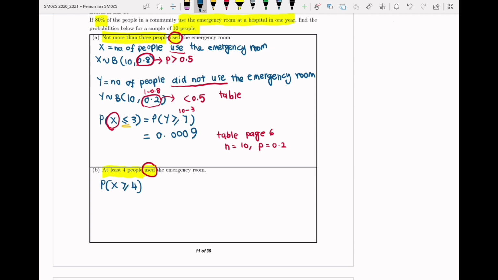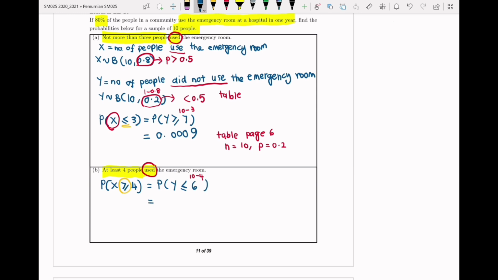We need to change it to Y. So if we have greater than or equal for X, for Y we will have less than or equal. If for X we have 4, for Y we have 10 minus 4. 10 is the value of n. So 10 minus 4, which is 6.